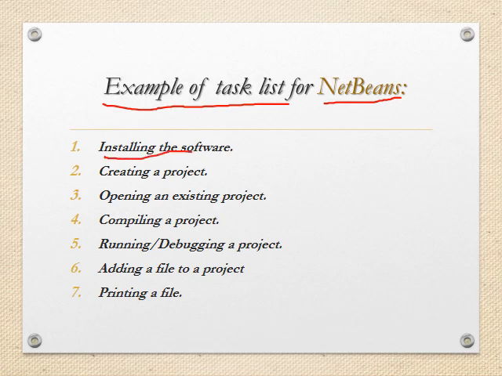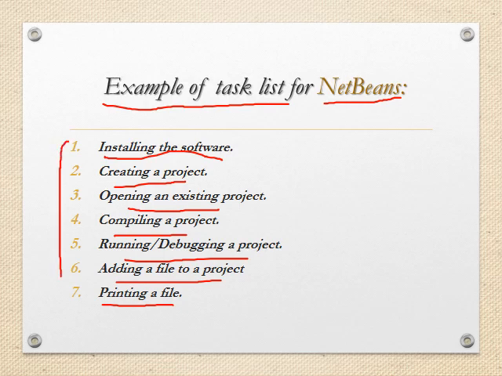We install the software, create a project, open an existing project, compile a project, run and debug a project, add a file to a project, and print a file. These seven tasks can be considered a task list for the NetBeans application.